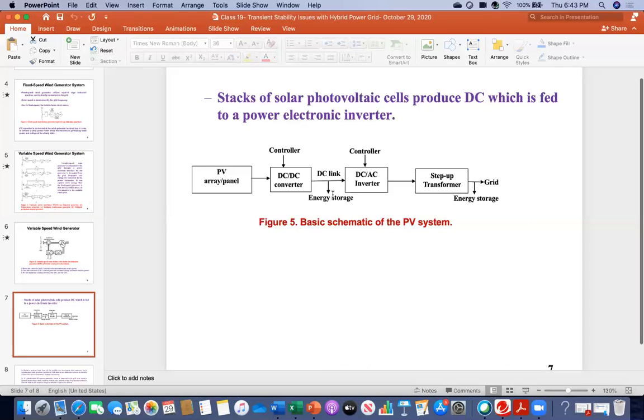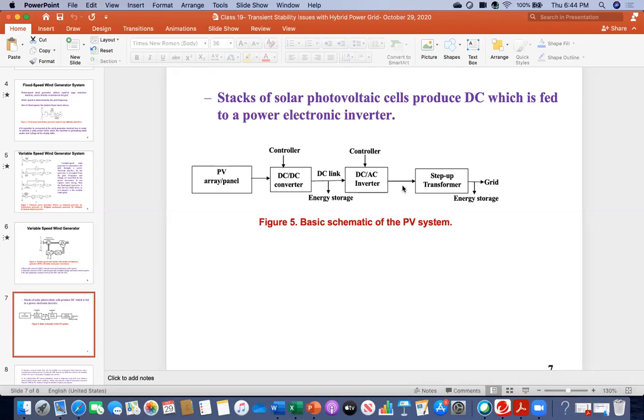And because this is DC until now, you have to convert into AC. That's why there is a DC to AC inverter system. And again, there is a sophisticated controller. I'm just showing, okay, there is a controller here. Those are very sophisticated controllers. That controller will work based on the requirement, what frequency I need here, and what should be my voltage.